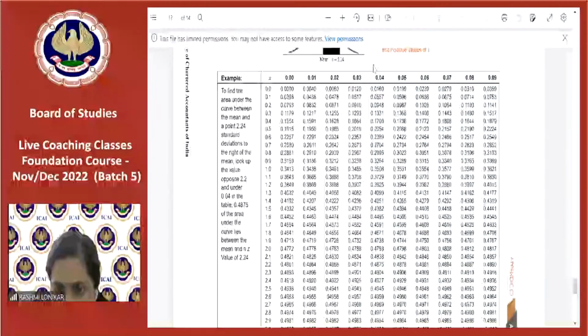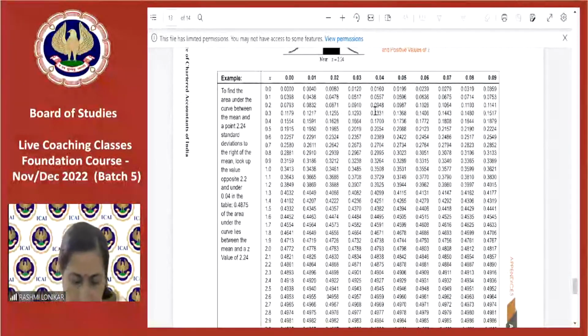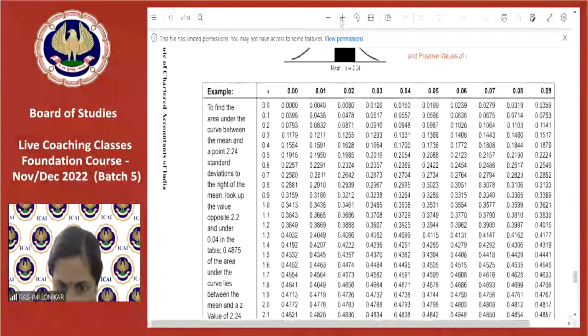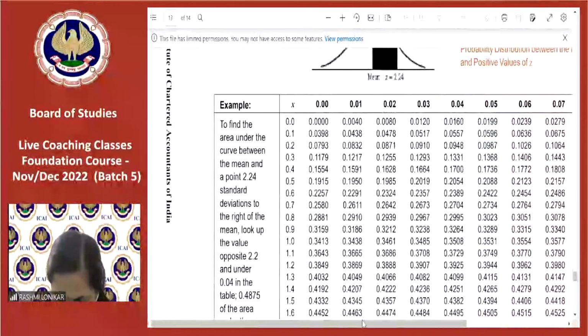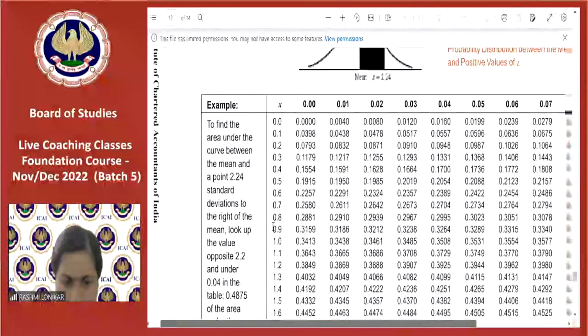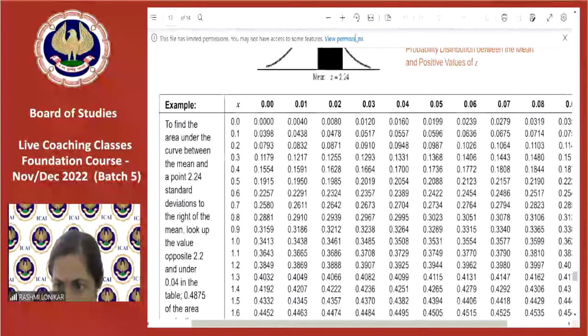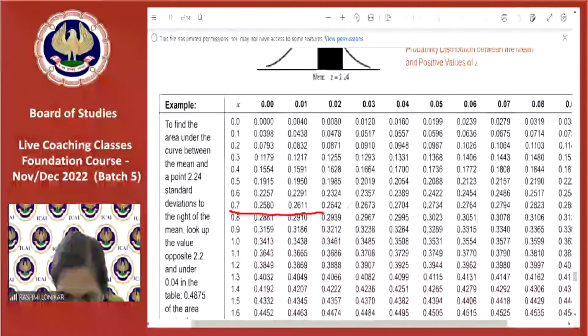Let me increase this. Point 0.75. This is my 0.7. From 0.7, I go across up to 5.